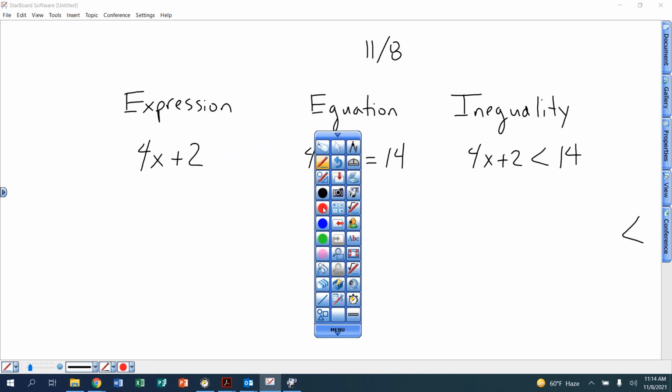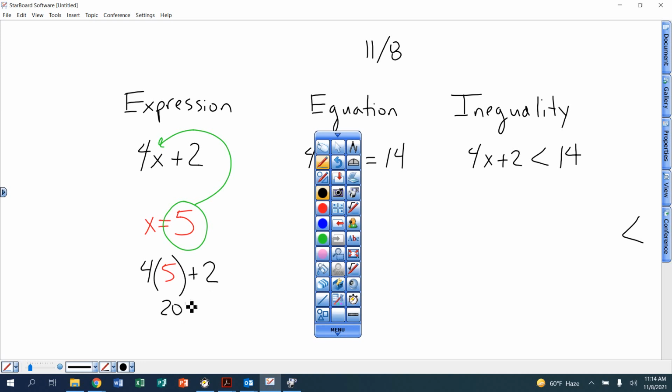You could also give a value. I could pick a value for X that has you take that and plug it in. We call that evaluating the expression. When I take that value for X and plug it in and do the math, that's evaluating the expression. I could do that, but I can't do anything much more with it.